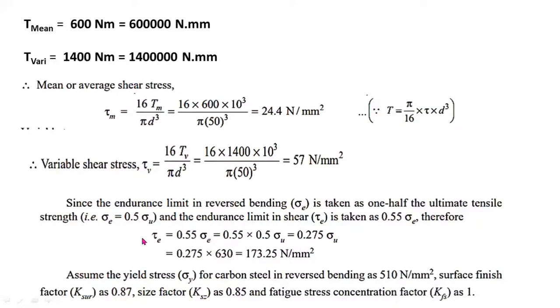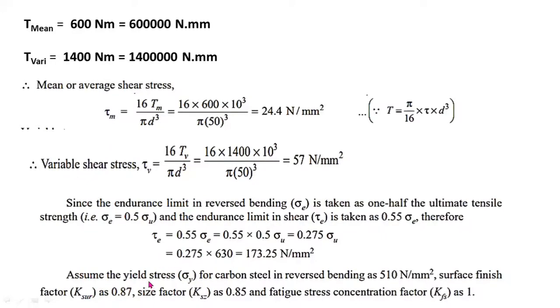So the endurance limit for shear, tau e, equals 0.275 into sigma u. Here sigma u is given, that is 630 megapascal. So finally the endurance limit for shear stress equals 173.25 Newton per mm square. The endurance limit for shear stress is not given, that's why I am finding its value.